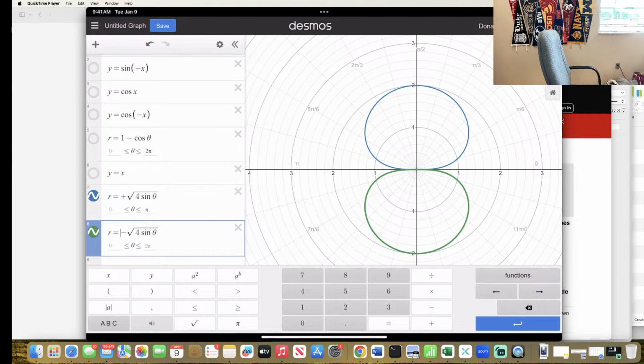Question on the polar, but we talked about it. Any questions here?